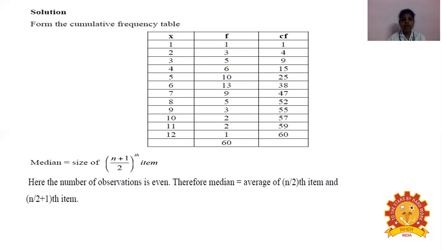So next, write the formula for median: median equal to size of (n plus 1) by 2th item. Here the number of observations is even. Therefore, median equal to the average of the n by 2th item and the n by 2 plus 1th item.